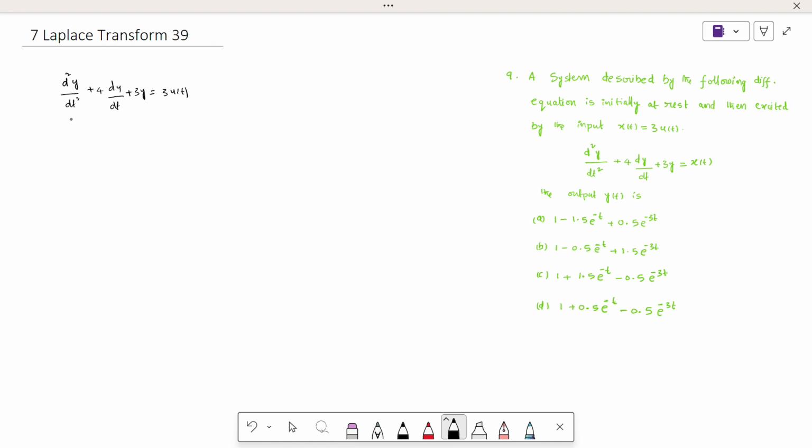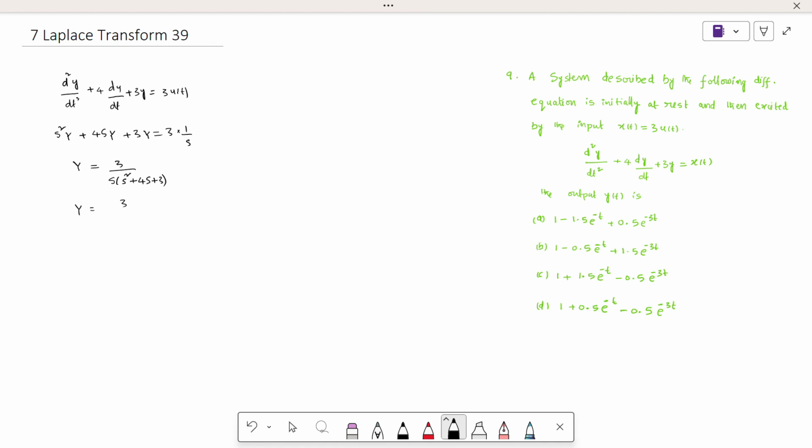Substitute x of t and apply the Laplace transform: s square Y of s plus 4 s Y of s plus 3 Y of s equals 3 into 1 by s. So Y of s equals 3 by s into (s square plus 4s plus 3).